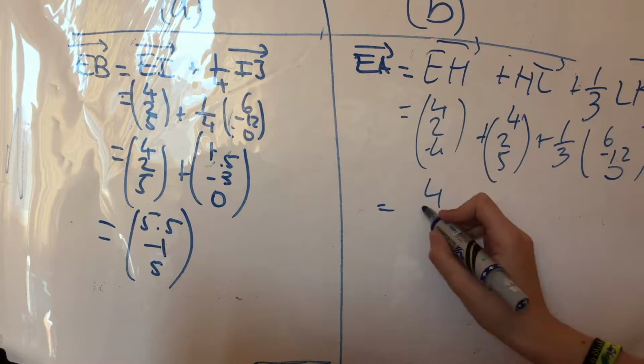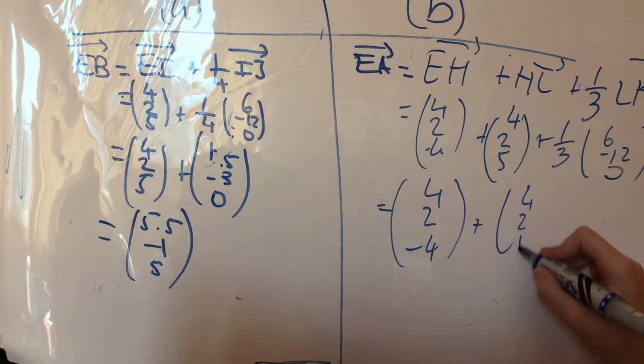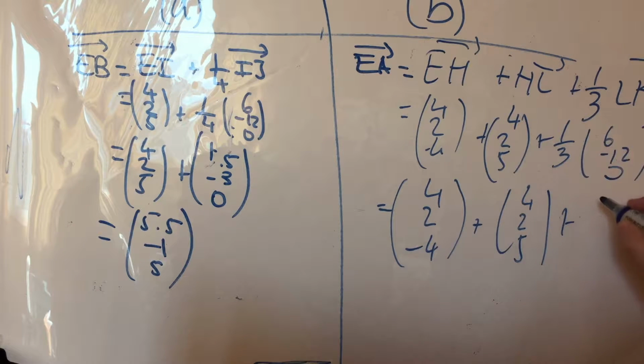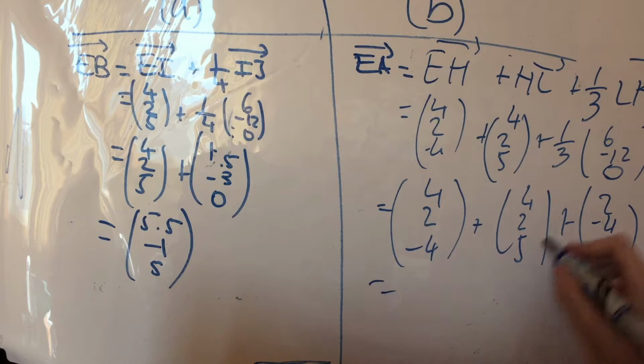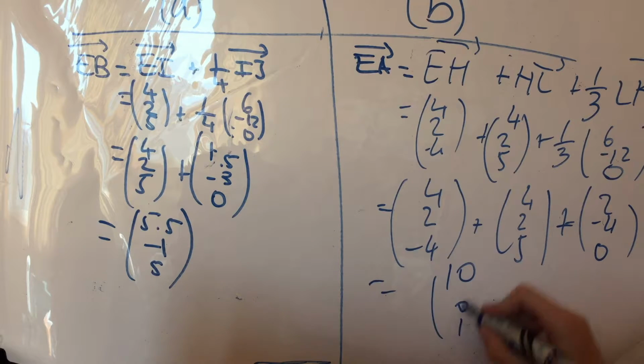So 6 times 1 divided by 3 is 2, -12 times 1 divided by 3 is -4, and 0 times 1 divided by 3 is 0. And when we add them all together, we get (10, 0, 1).